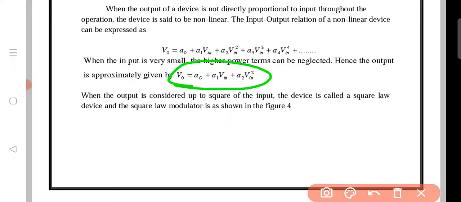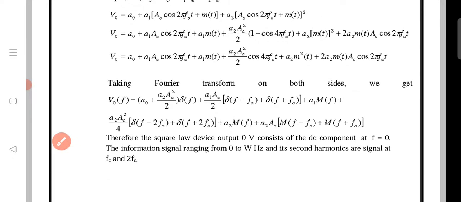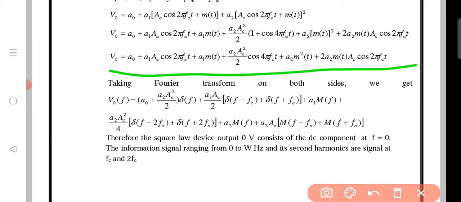Okay, you just remember this relation. The remaining we derive easily. You just substitute c of t plus m of t in the place of v. So this derivation is very easy, we got the final equation.